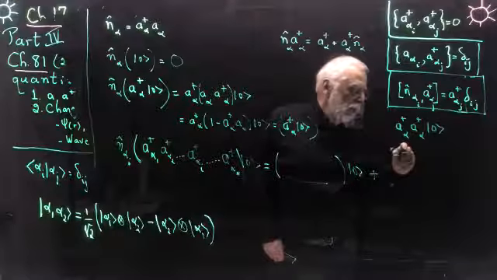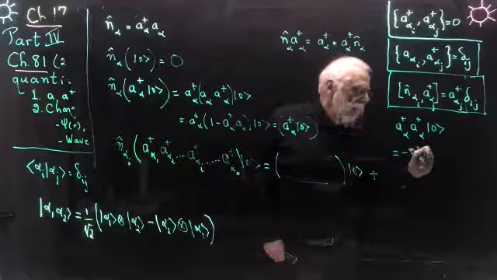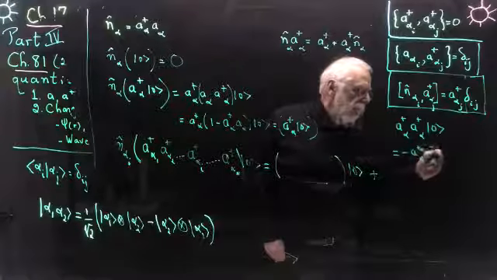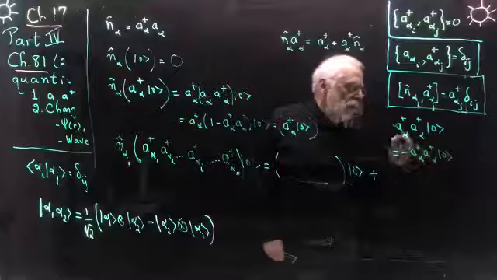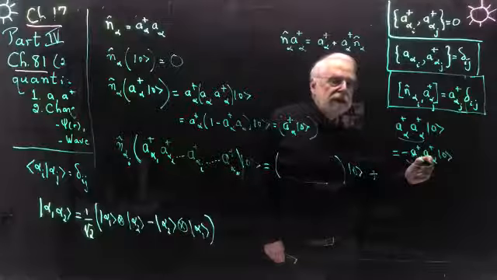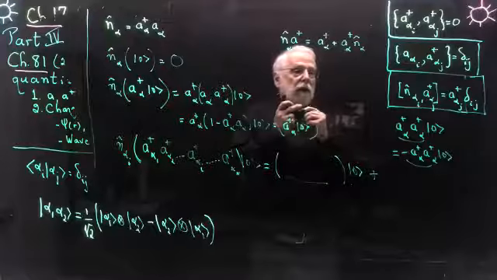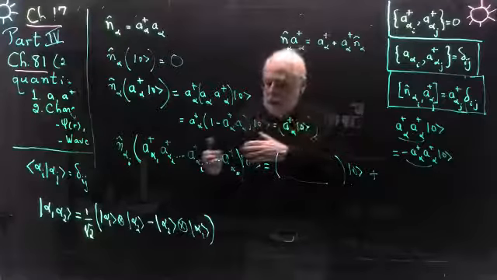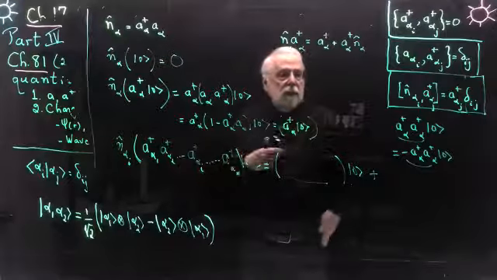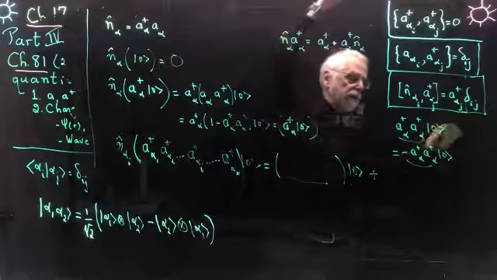So it's equal to minus A dagger alpha A dagger alpha acting on 0. So an operator that's equal to minus itself is 0. So you cannot create two particles in the same state. That's the Pauli exclusion principle.